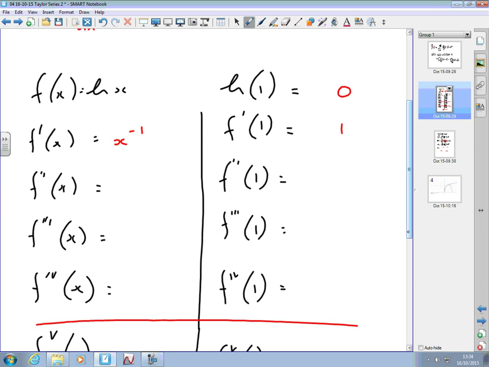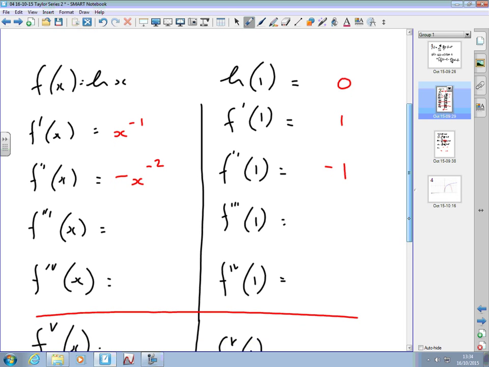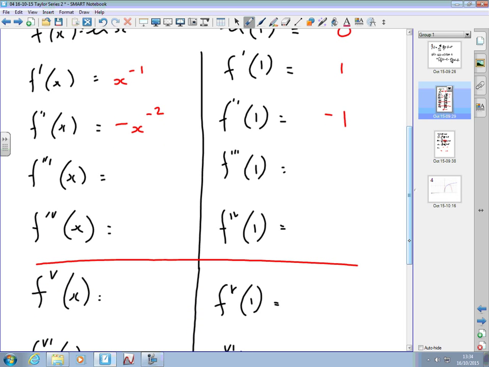The second derivative is minus 1 times x to the minus 2, so minus x to the minus 2. If I look at letting x equal 1, then that's just going to be negative 1. The third derivative, minus 2 times minus 1 is plus 2, x to the minus 3. Letting x equal 1, plus 2.